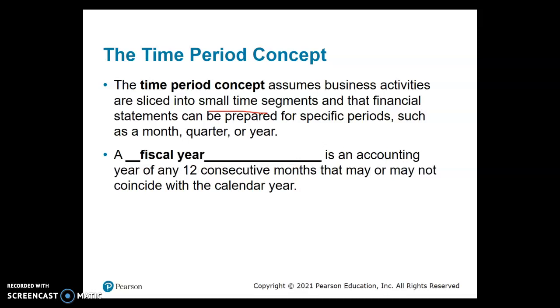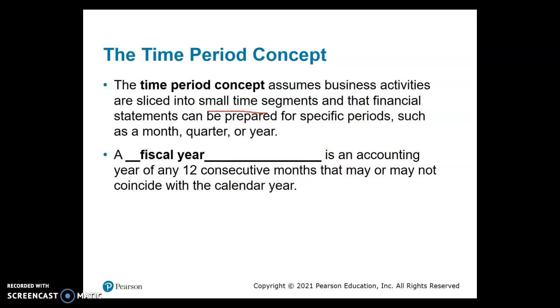So if a company has their accounting records and they end their year, let's say on June 30, a lot of times the military or government organizations will have a year end of June 30. Well, that's not the date that the calendar ends, so we call that a fiscal year.